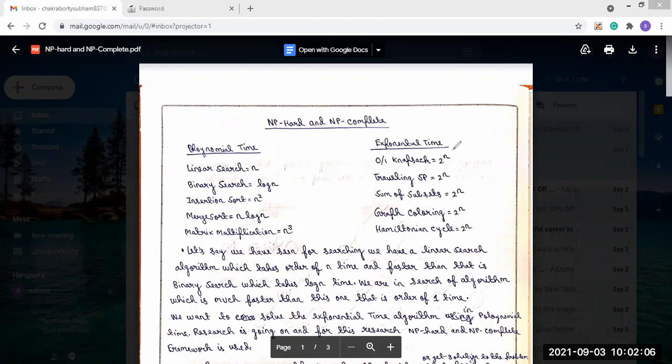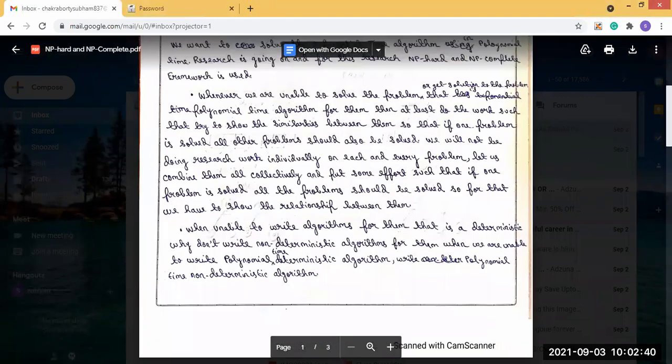Till now, only remember that if we are unable to write a polynomial time deterministic algorithm, then we can write a polynomial time non-deterministic algorithm. Okay. So what is deterministic and what is non-deterministic, we will discuss now.